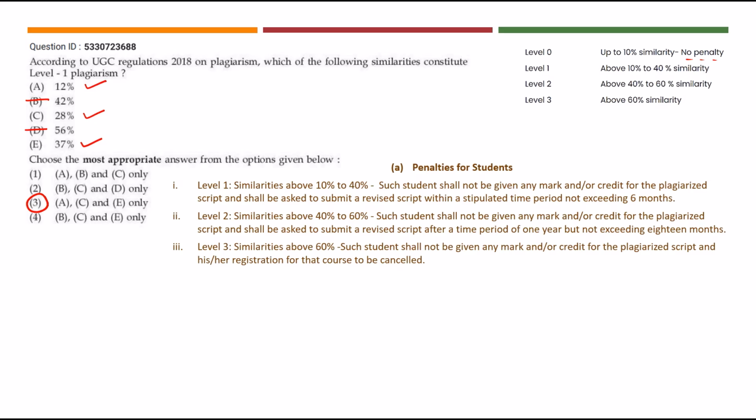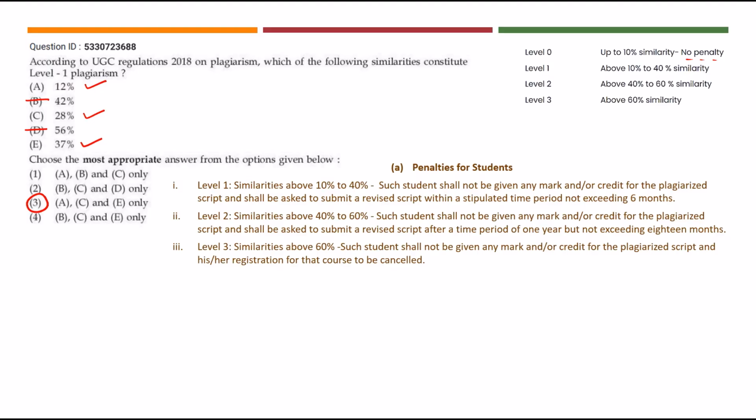So there are penalties. The first set of penalties is for students. For level 1, similarity is about 10 to 40. Such students shall not be given any mark or credit for the plagiarized script and shall be asked to submit a revised script within a stipulated period of time not exceeding 6 months. What about level 2?